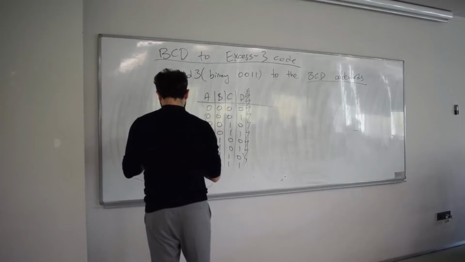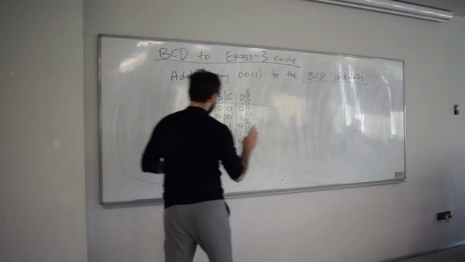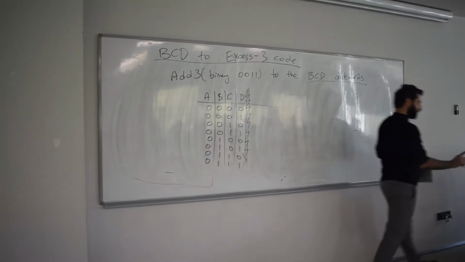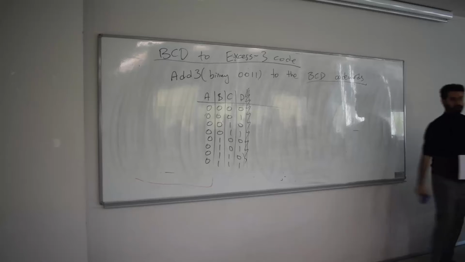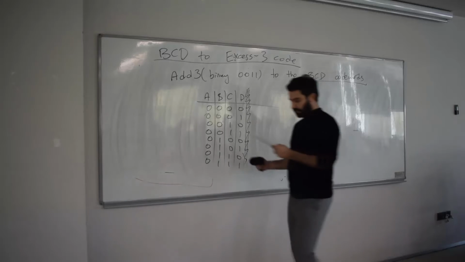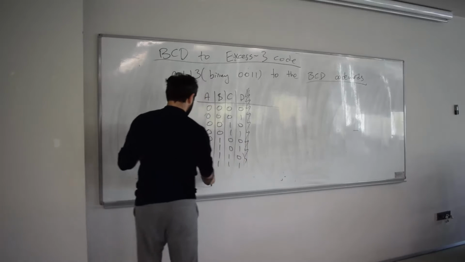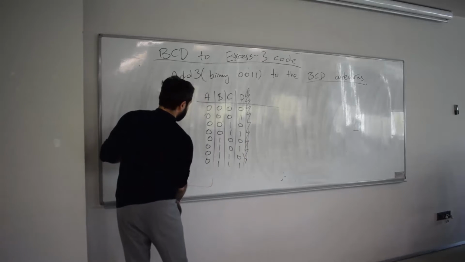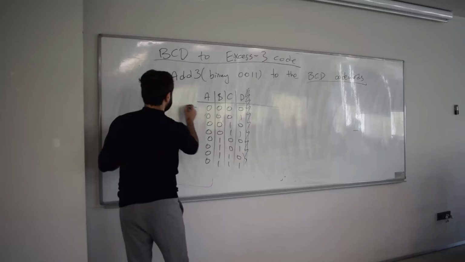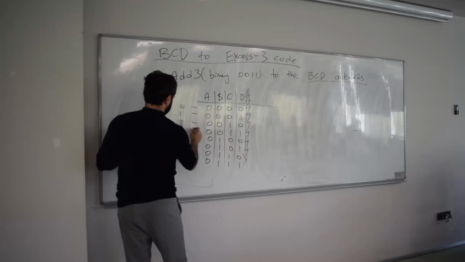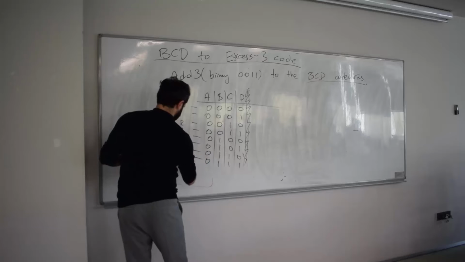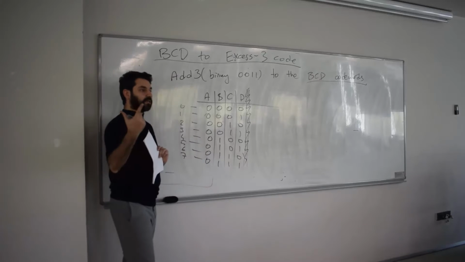And of course, I don't stop here. Oh, sorry, that's the difference actually between the binary and the BCD. Okay? So up to here is correct. There's no problem. However, this corresponds to the decimal numbers 0, 1, 2, 3, 4, 5, 6, and 7. But I've got 8 and 9.